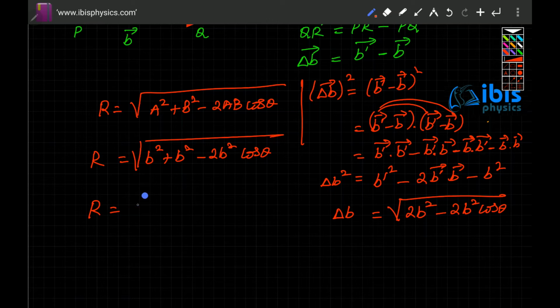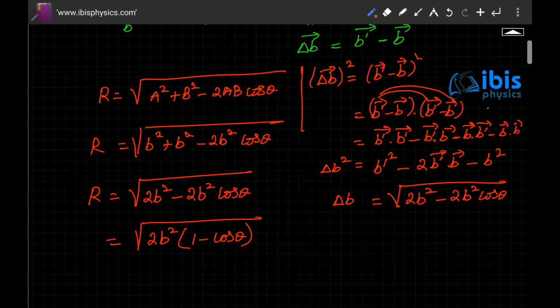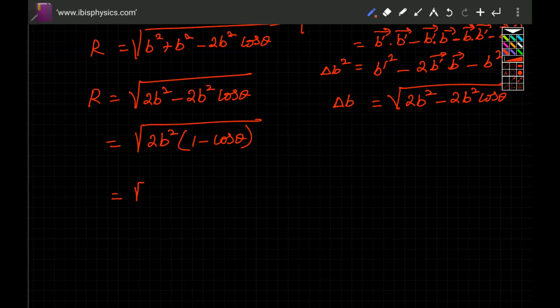Delta b is equal to root over 2b square minus 2b square cos theta, which is, you can take 2b square out, 1 minus cos theta, and root 2 times b into root of 1 minus cos theta.